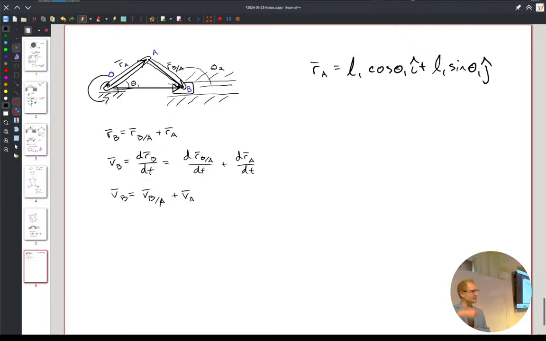Sine and cosine just describe a circle like that. And the velocity of A is the derivative there, with a negative.